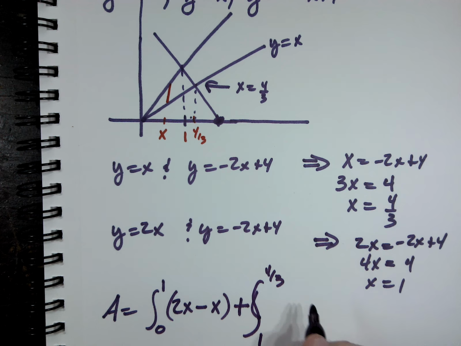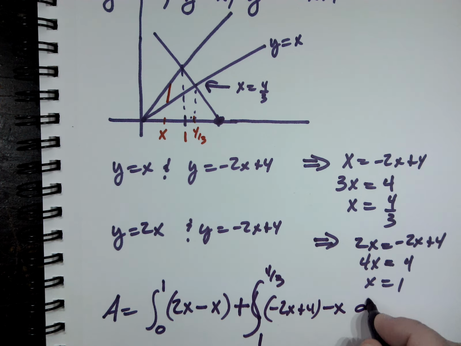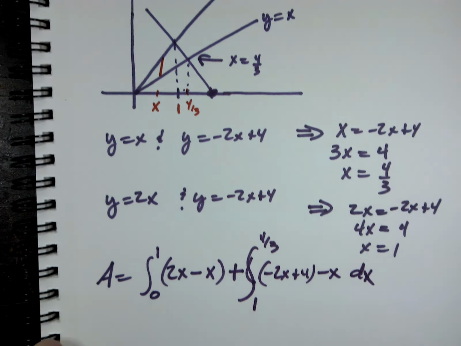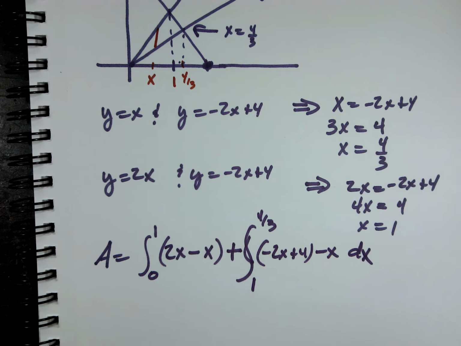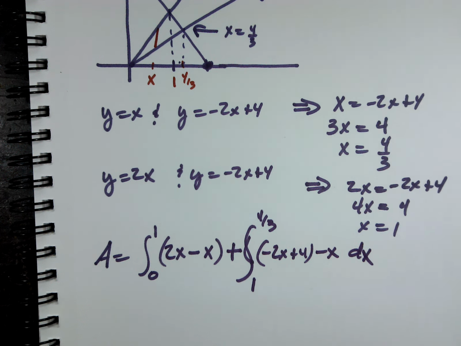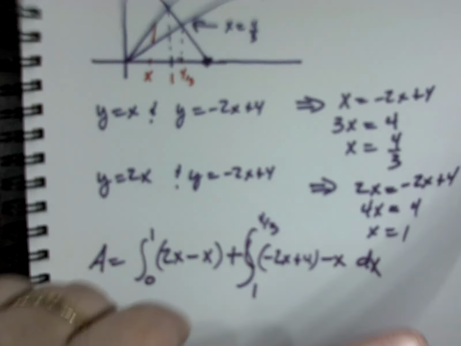Now the top function is negative 2x plus 4, and I'm subtracting x. Sorry, that's kind of messy. Running out of space. Let's do some volumes, and I'll try to make this picture pretty on the next page.